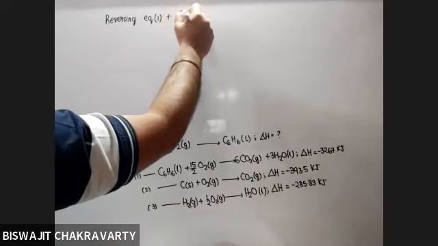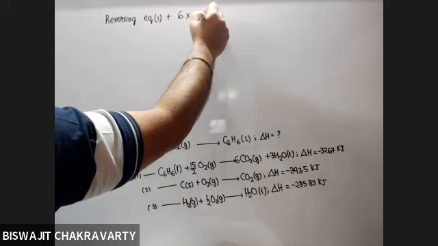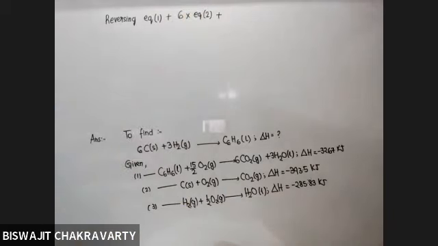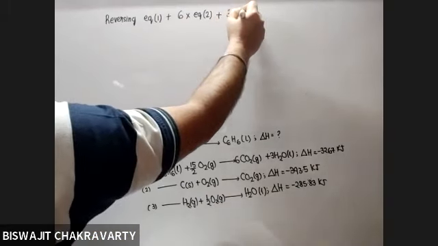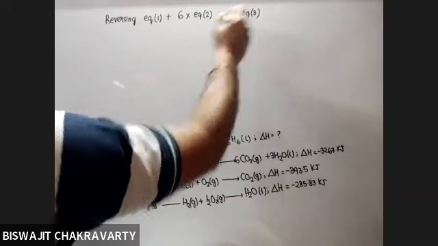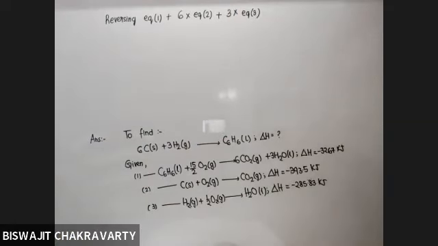So 6 into equation 2 plus hydrogen, how many moles? 3. And in the third equation, hydrogen is 1 mole. So we will have to multiply 3 into equation 3. Understood? Yes, sir.